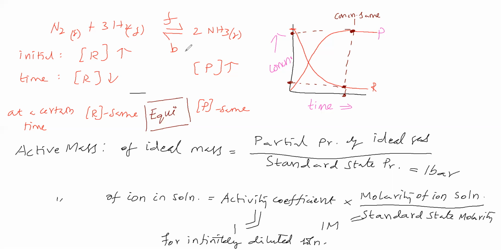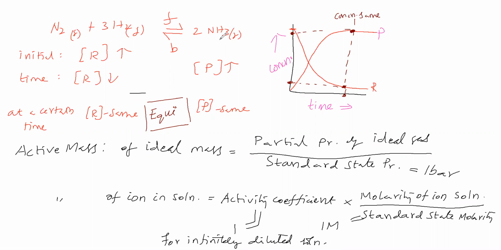We allowed the forward reaction, but automatically what reaction took place? Backward also took place. That's why we got equilibrium. Otherwise, how do we get equilibrium? Equilibrium means rate of forward is equal to rate of backward. Actually, have we allowed the backward reaction? No. We allowed the forward reaction only.